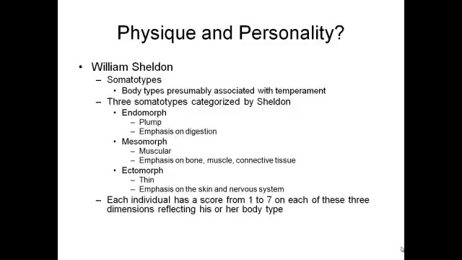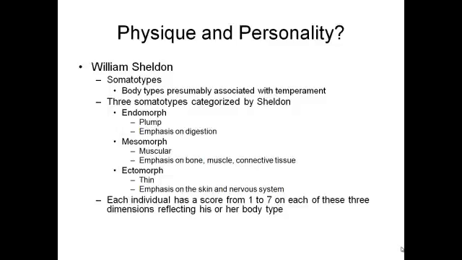Okay, an interesting theory regarding personality. Basically, throughout history, there's been the idea that certain body types, things like body fluids or whatever, are relevant when it comes to personality. William Sheldon came up with an interesting way of categorizing, of thinking about personality types.